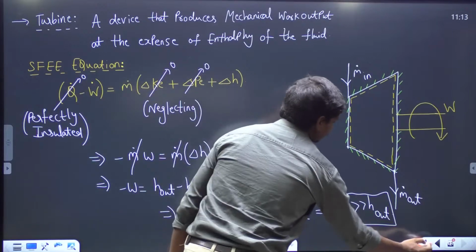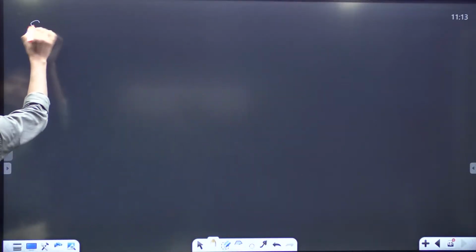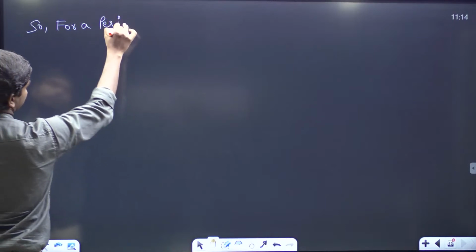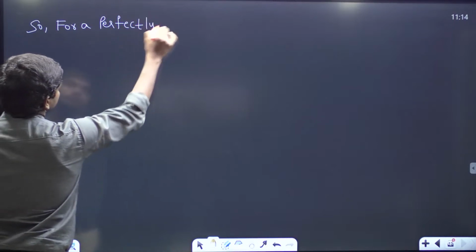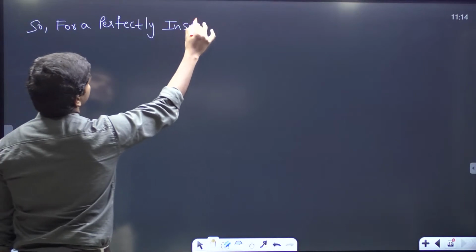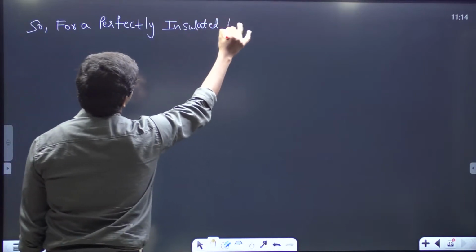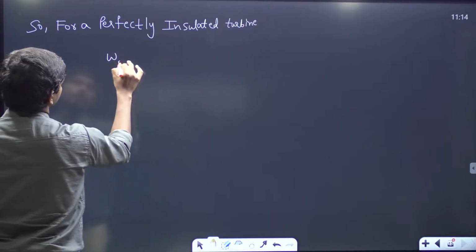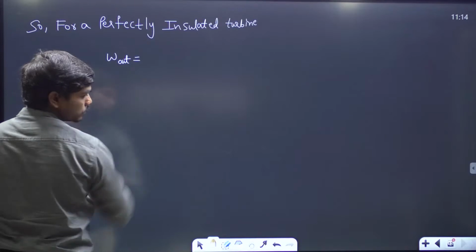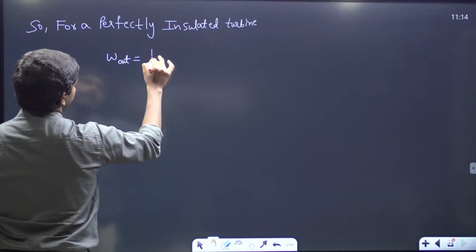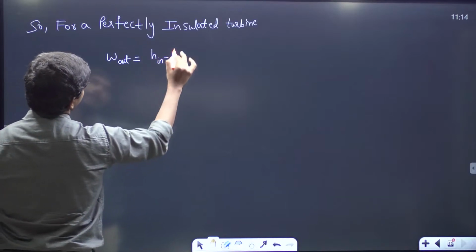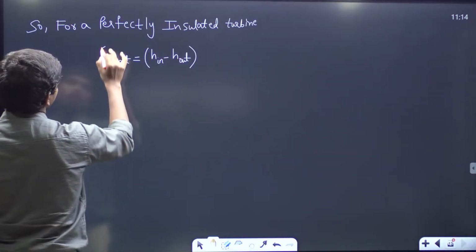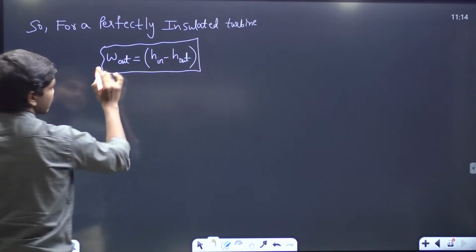So we can say for a perfectly insulated turbine, work output is equal to H in minus H out, after neglecting all those terms.